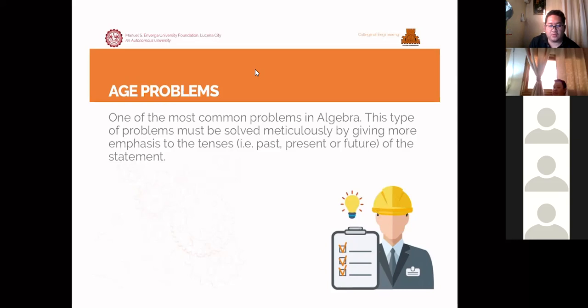Kasi you need to identify yung gamit ng words, yung paggamit ng is, was, and will, yung past, present, and future ng statement, mahalaga siya, no? So, basically, nakadepende siya dun sa understanding mo nagsosolve. So, by practice naman, nakukuha naman siya kung merong mga madaming cases kayong masosolve na age problem, no?